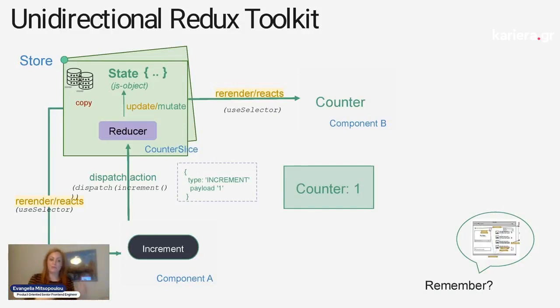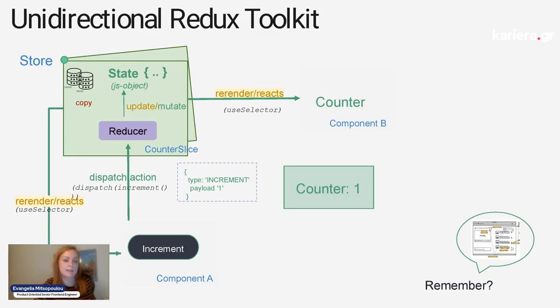The reducer is like another officer in the department, in charge of actually changing the value of the counter by 1. So the reducer actually changes the value. But before doing that, it makes a copy of the original value, because in Redux Toolkit we don't directly mutate the data in the original object.